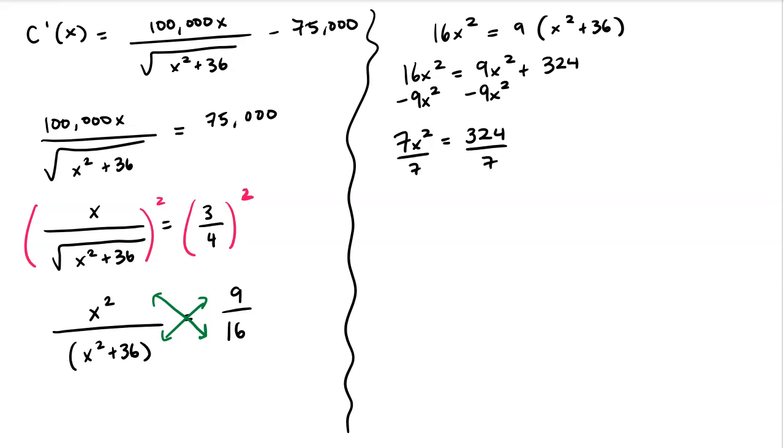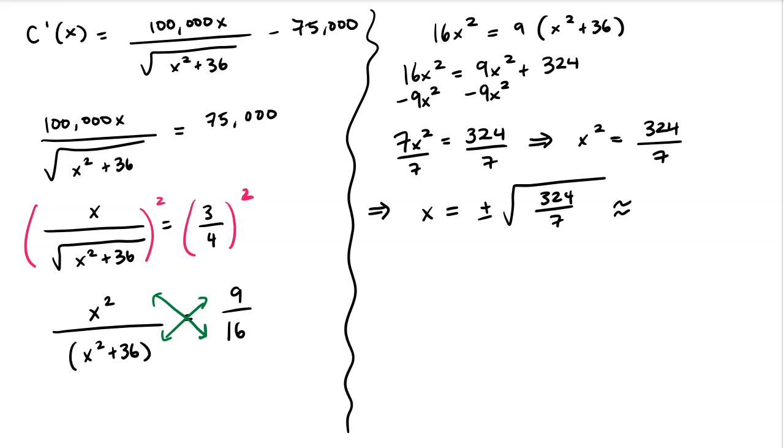Then I can divide both sides by 7, and we get x squared is equal to 324 over 7. And if I take the square root of both sides, we get x equals plus or minus the square root of 324 over 7, and that is approximately 6.803. And we really only want the positive one there, because x is representing a distance.